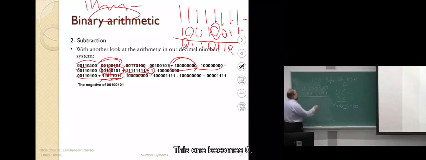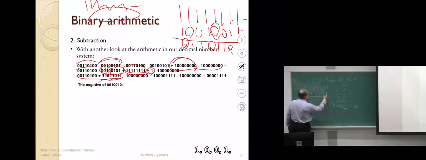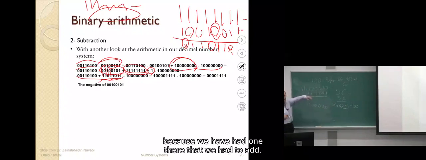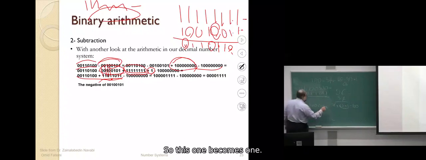So let's do that. This one becomes 11000110, and then plus 1, because we had 1 there that we had to add. So this one becomes 1.